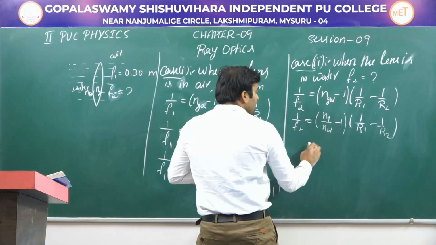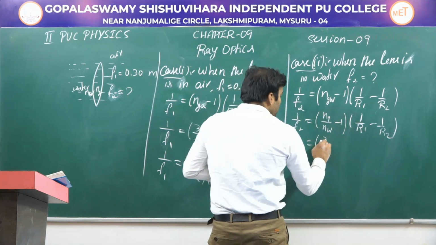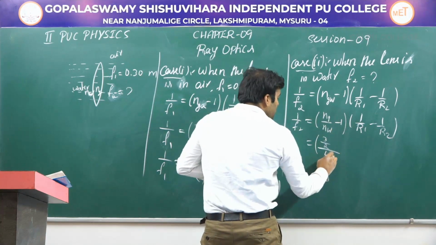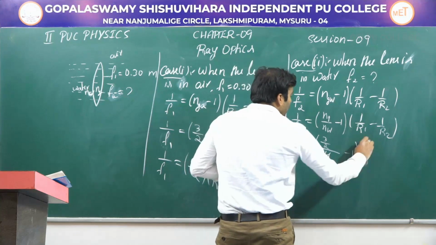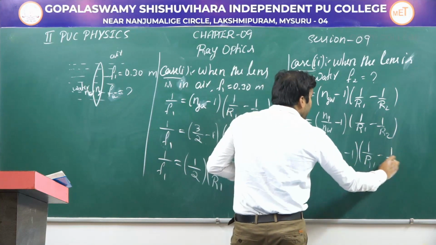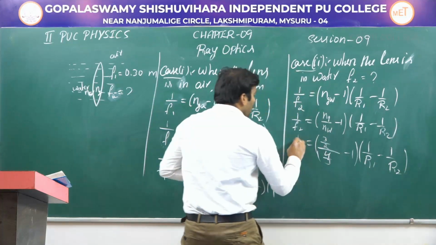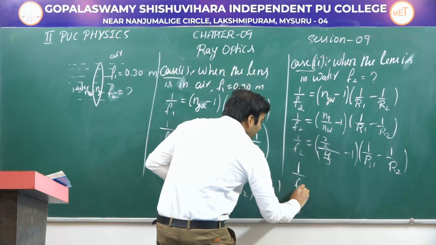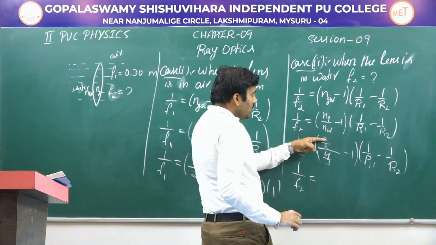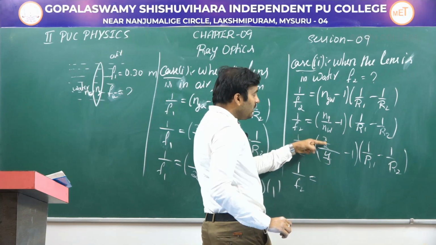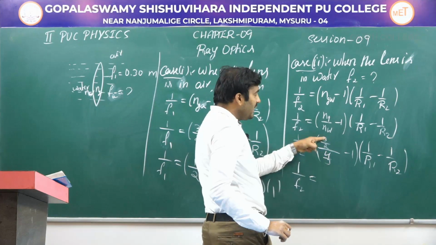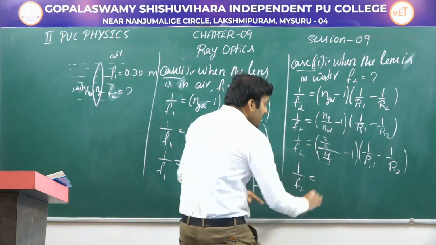We know the values of Ng and Nw. Ng is equal to 3 by 2 and Nw is equal to 4 by 3. So 1 by f2 equals (3/2 divided by 4/3 minus 1) into (1 by r1 minus 1 by r2). The 3 goes to the numerator and 2 comes to the denominator, therefore 3 into 3 is 9, 4 into 2 is 8.